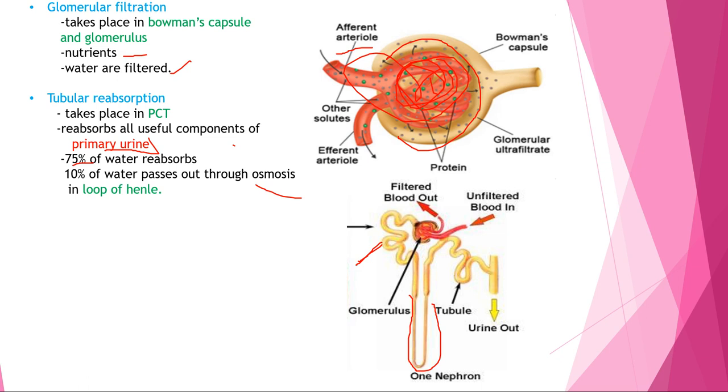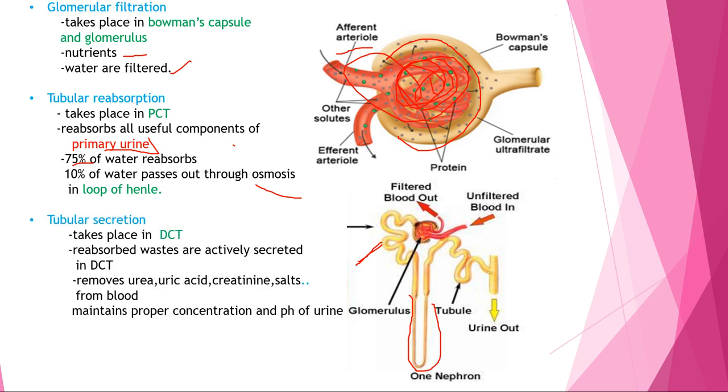From the loop of Henle, it enters into the distal convoluted tubule, where the next step, called tubular secretion, takes place. This is the distal convoluted tubule. The filtrate formed in the loop of Henle enters into the DCT.